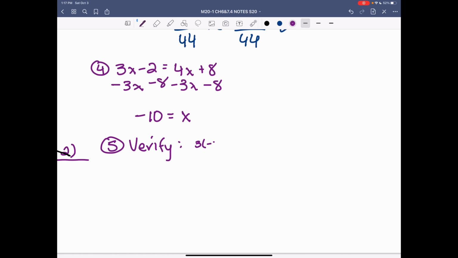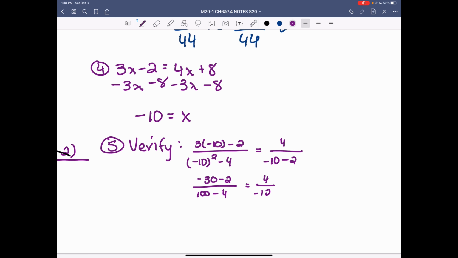Three times negative 10 minus 2 over negative 10 squared minus 4 equals 4 over negative 10 minus 2. That's negative 30 minus 2 over negative 10 squared is 100 minus 4 equals 4 over negative 12.